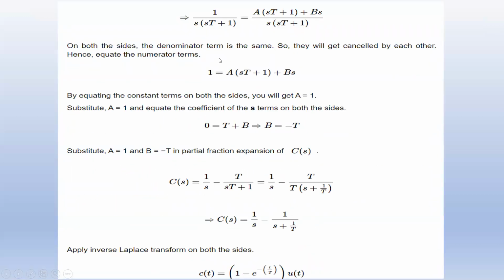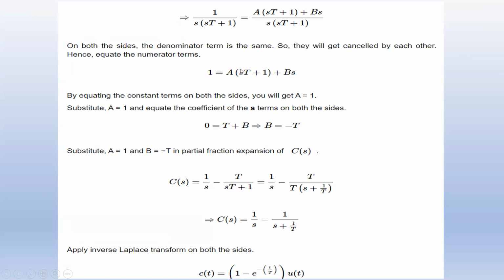If we substitute s equal to 0 in this equation, b is eliminated, and this term becomes a, which is equal to 1 on the right hand side. Then we substitute s equal to minus 1 by tau over here.